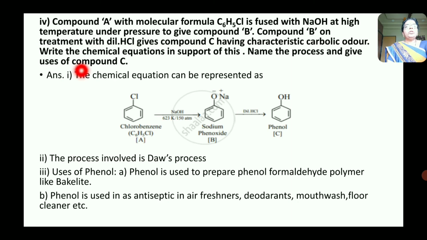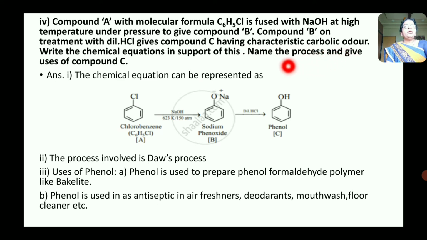Now next question. Compound A with molecular formula C6H5Cl is fused with NaOH at high temperature under pressure to give compound B. Compound B on treatment with dilute HCl gives compound C having characteristic carbolic odor.